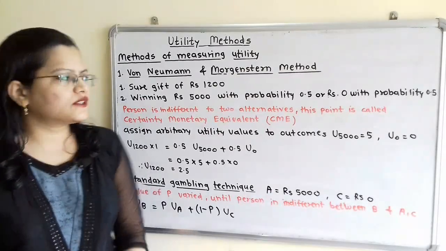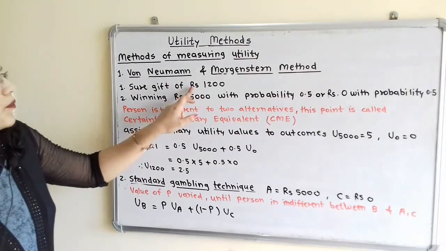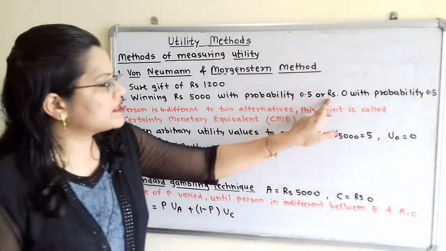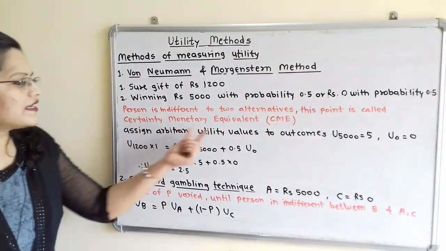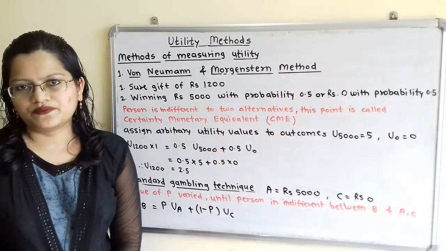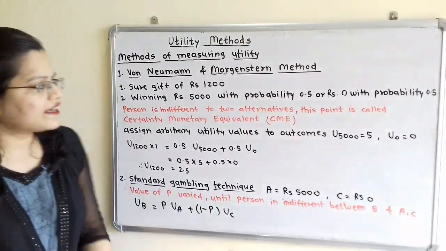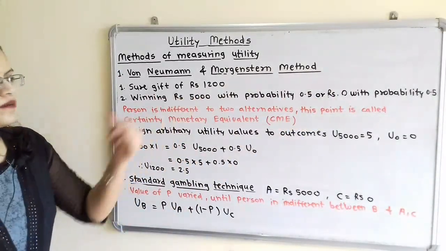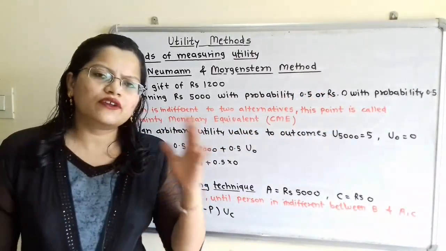Now if we observe these two alternatives, there are three outcomes: rupees 1200, then second one is rupees 5000, and third one is rupees 0. Now we have to assign some utility values. So assign arbitrary utility values to the outcomes. We have to assign these values to two outcomes, so we will select the maximum outcome and minimum outcome. The maximum outcome is 5000 and the minimum outcome is 0. So we can assign any utility value.